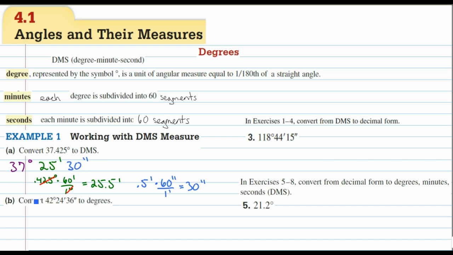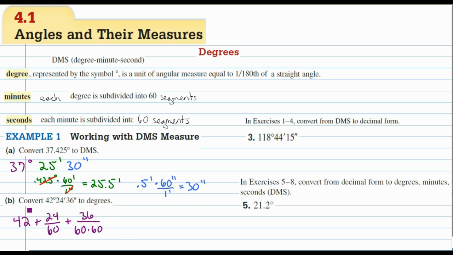Now if I want to convert the opposite direction, so I have 42 degrees, 24 minutes, and 36 seconds, 42 is going to stay whole. Then plus, I've got 24 minutes, so 24 out of the 60 minutes. Well, I've also got 36 seconds, and that's 36 seconds out of 60 total seconds, which is then part of 60 minutes in a whole degree.